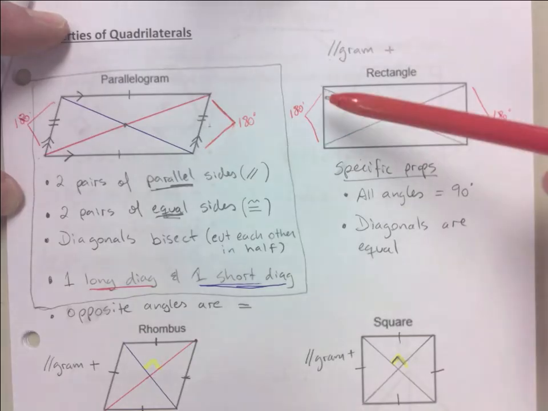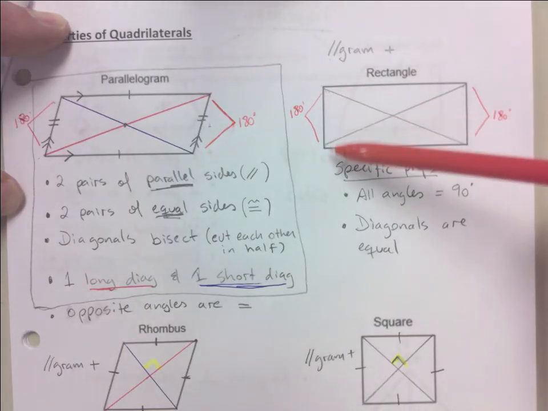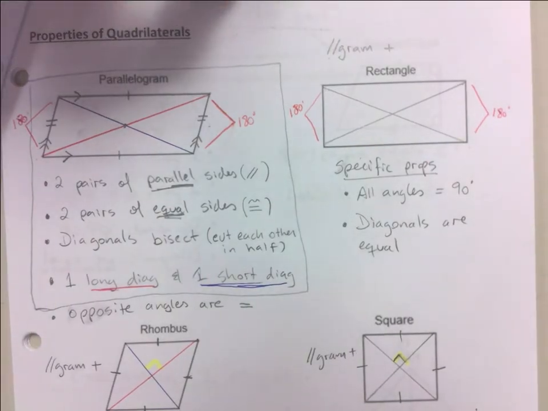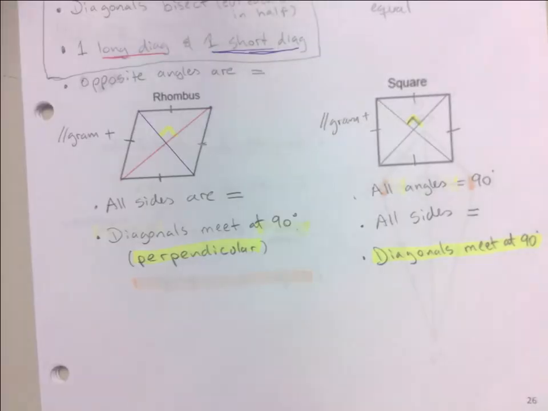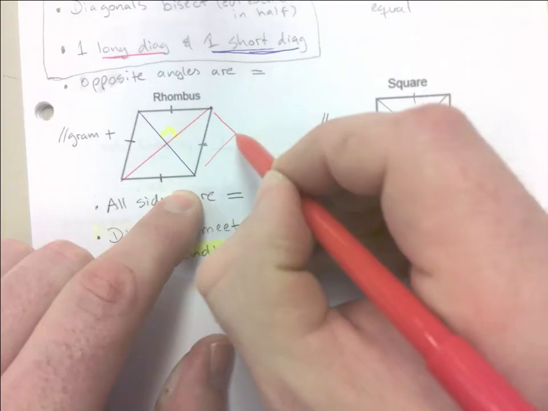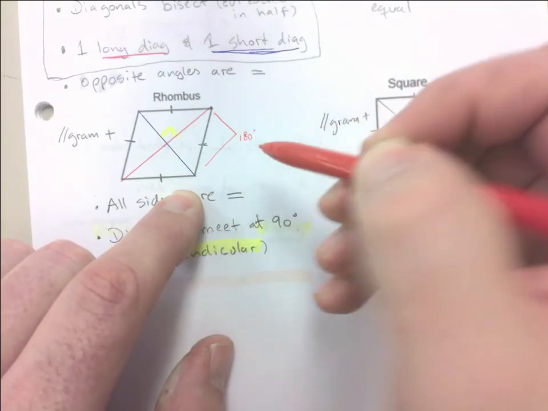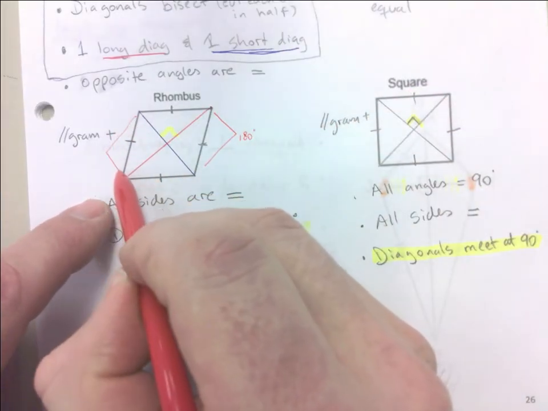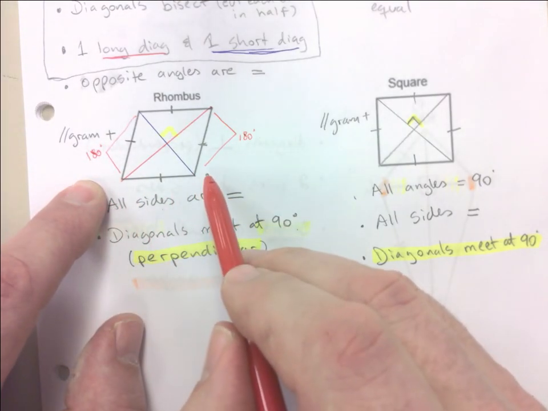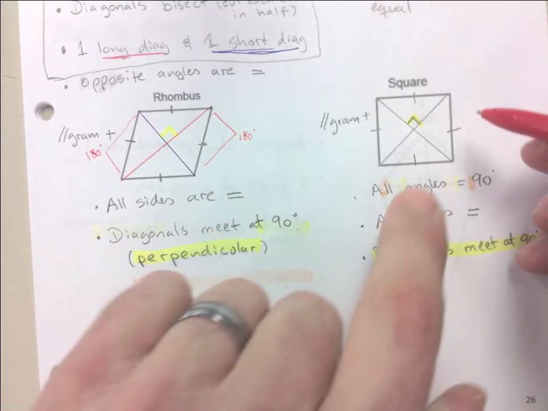And by the way, a rectangle is 90 and 90, so of course it adds up to 180, correct? You take the rhombus, if you were to add these two angles, it is 180 here. Same thing on this side, it is 180 there as well. It is the same thing for a square.